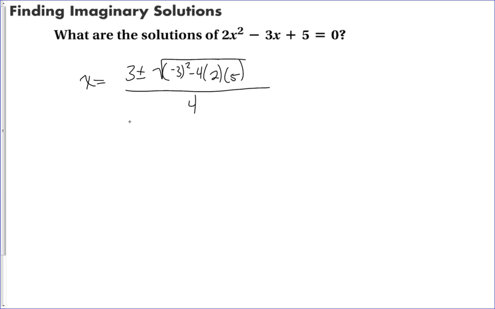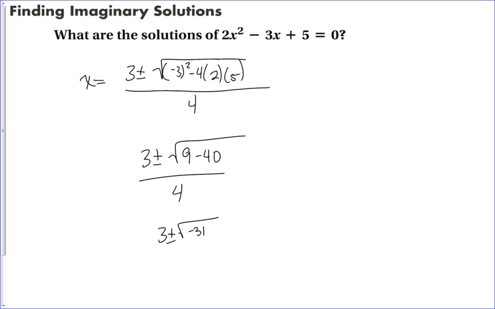I'm trying to do it quicker because we're running out of time. So this will give us 3 plus or minus the square root of 9 minus 40, divided by 4. Well, 9 minus 40 gives us a negative number, negative 31.